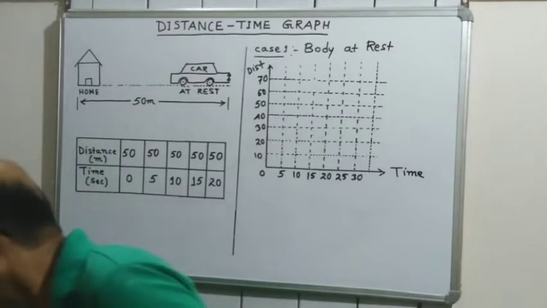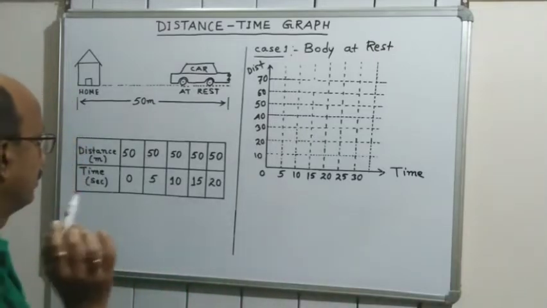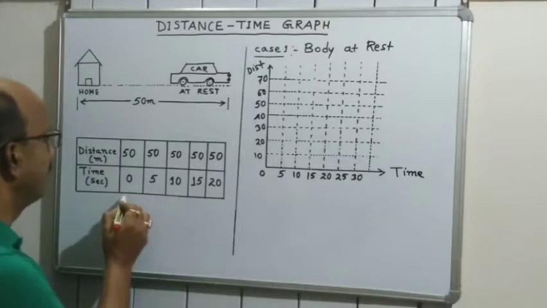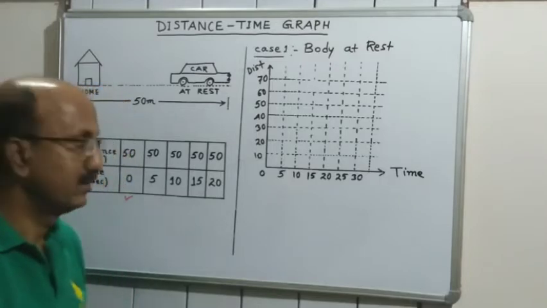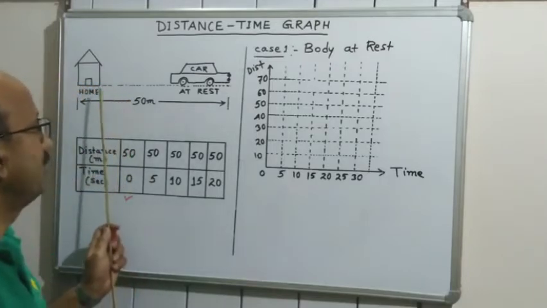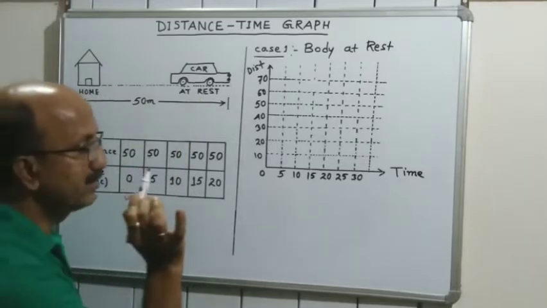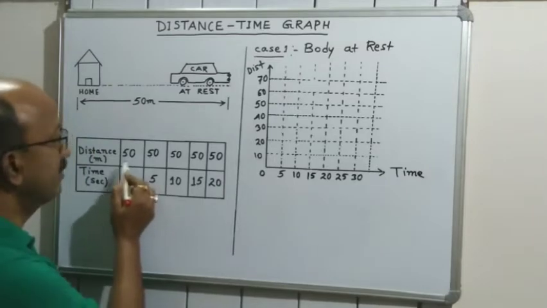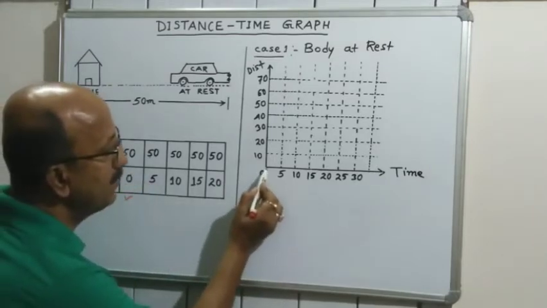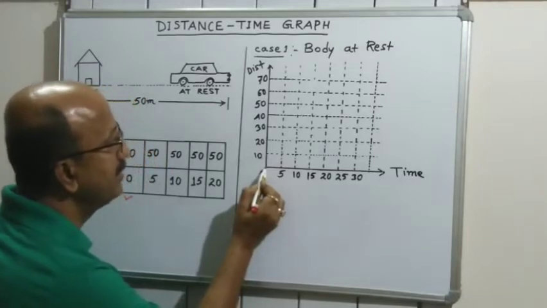Now we will plot this situation first. When time is 0, the distance of the car from your home is 50 meters. So on this graph paper, time is 0 and distance is 50 meters. This is your time axis, time is 0 and distance is 50.